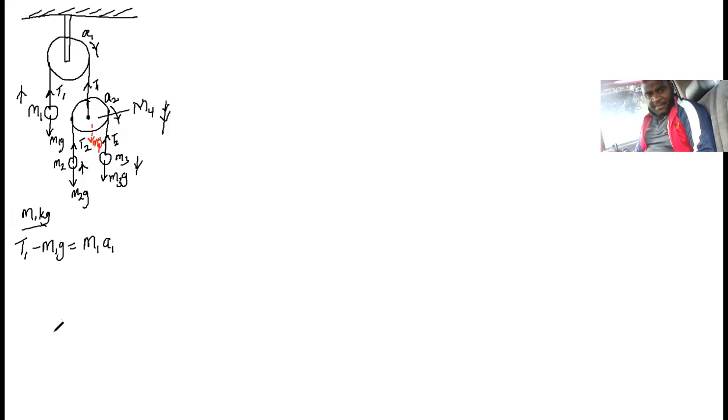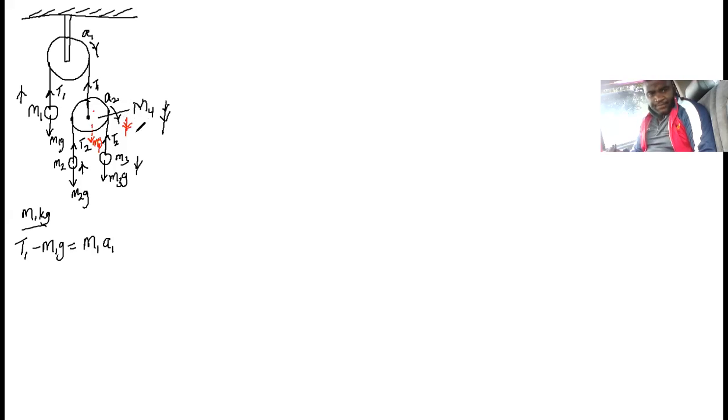Then after we have confirmed that, come to M2 and M3. That is where the new definition is. The related acceleration of those two will be in the form that, look at this movable pulley. Where is it going, this one? It is going down, okay?